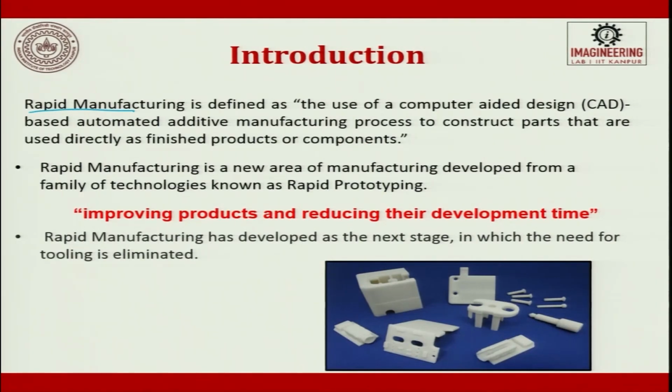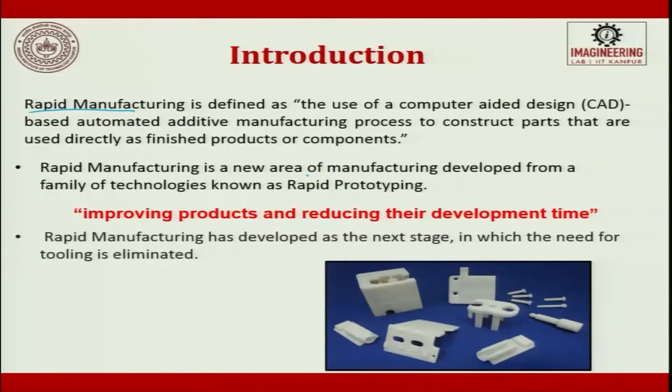There is a big difference between rapid prototyping and rapid manufacturing. In rapid prototyping, we quickly produce a prototype which is used to check for dimensions, form, fit and customer feedback.